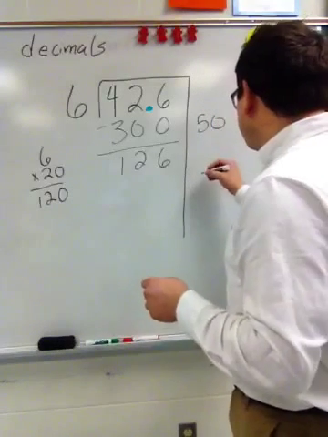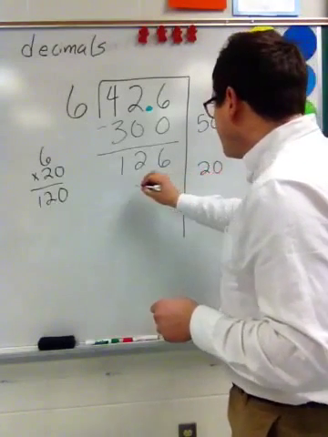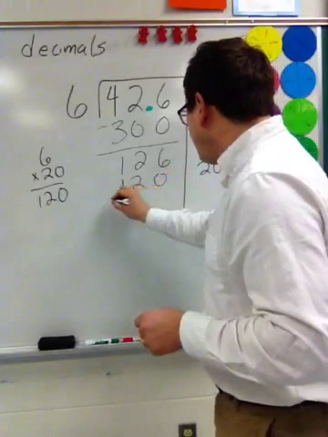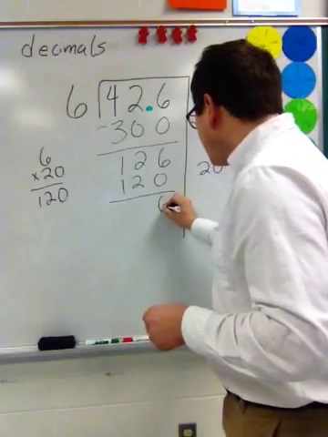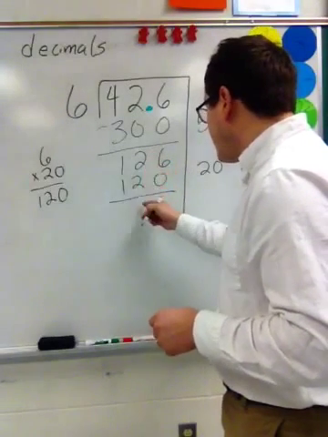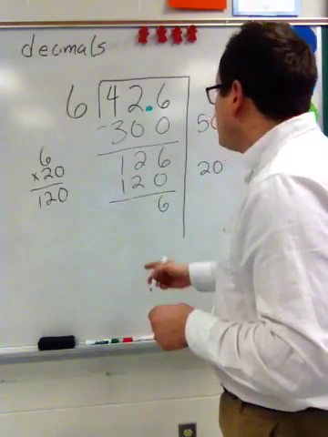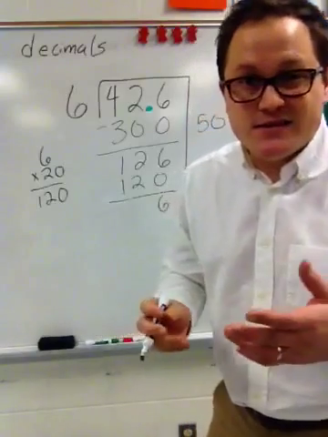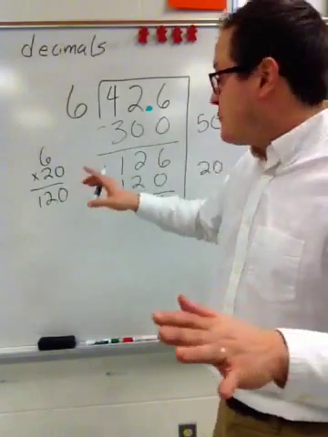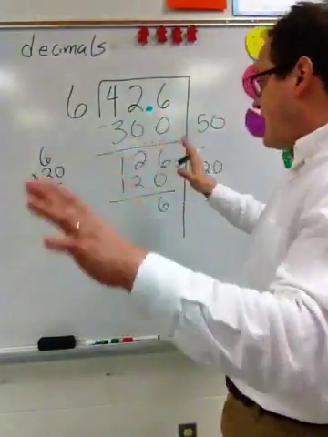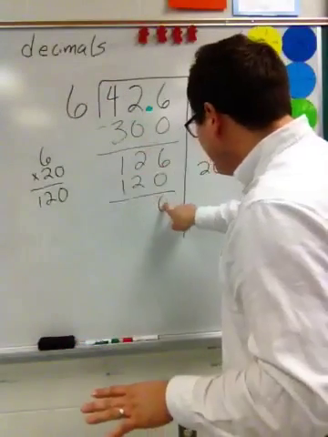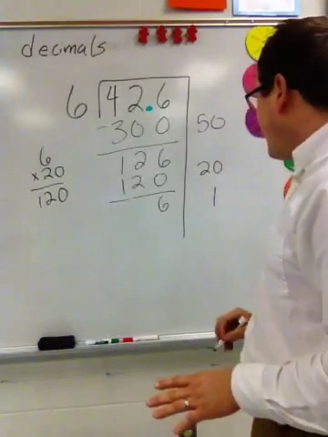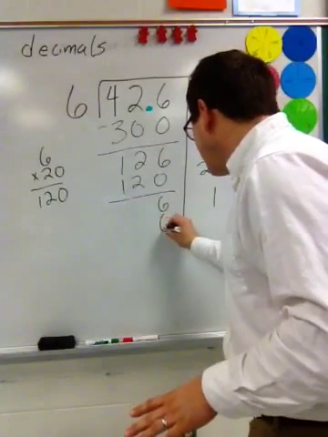So let's do it. 6 times 20 is equal to 120. 6 take away 0 is 6, and 12, 2 minus 2 is 0, and 1 minus 1 is 0. This was completely luck, because I really picked this out of my head, and I had no idea it was going to be this nice. So, super awesome. 6 goes into 6 one time. 1 times 6 is 6.